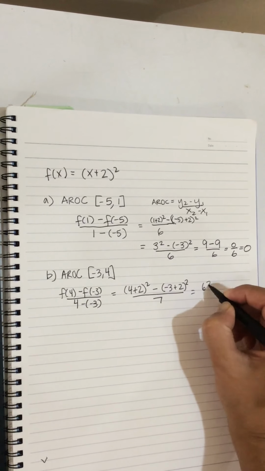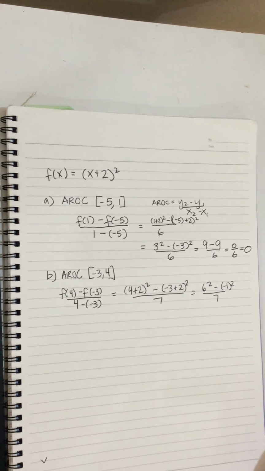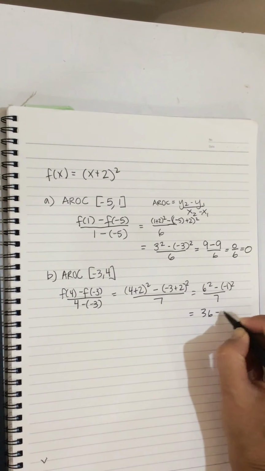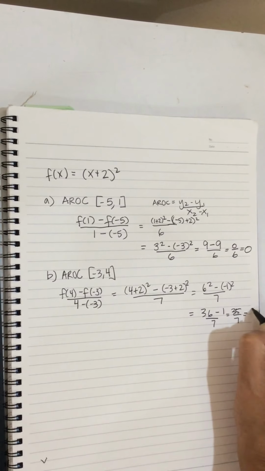This becomes 6 squared minus (-1) squared over 7. Simplify that more, that's 36 minus 1 over 7, which becomes 35 over 7, which becomes 5.